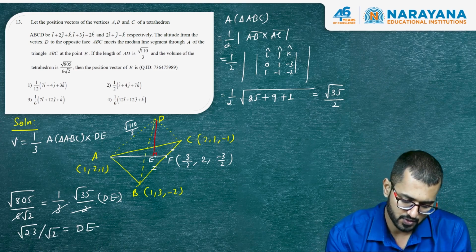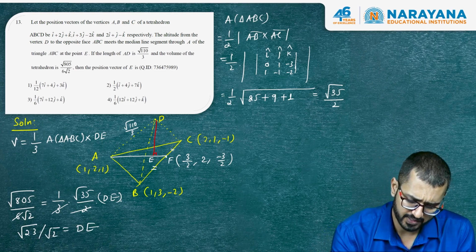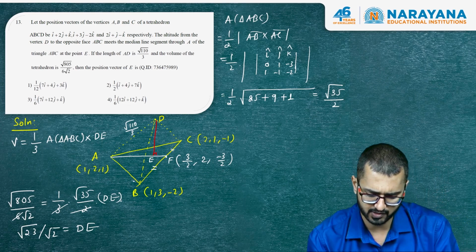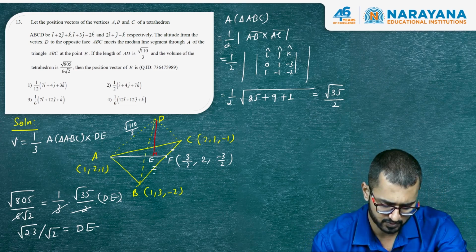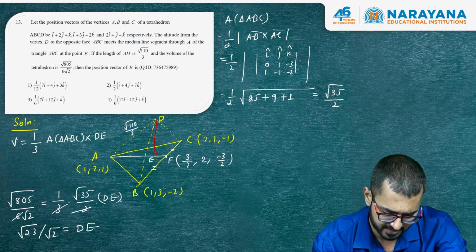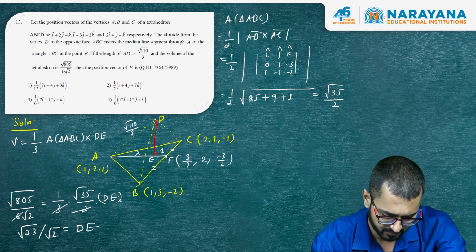Now our goal is to get the position vector of E. For finding the position vector of E, we can apply the section formula for internal division. So suppose my E divides segment AF in the ratio lambda is to 1.